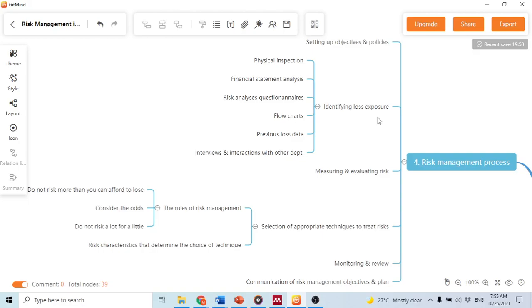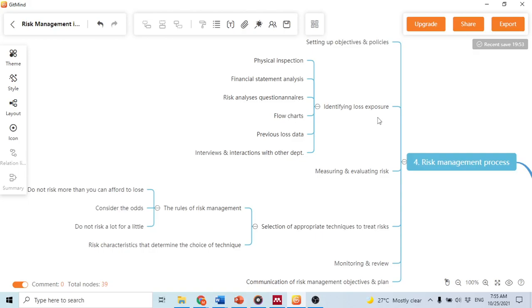Without identifying the loss exposures, there is a possibility for the institution to retain that kind of risk, because failure to identify loss might lead to the company retaining that kind of loss forever. The loss does not come into the picture because it has not been analyzed properly.